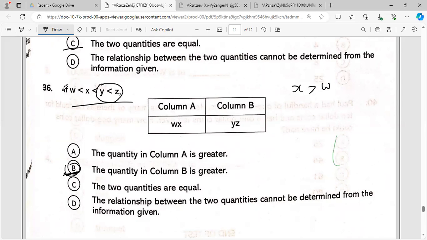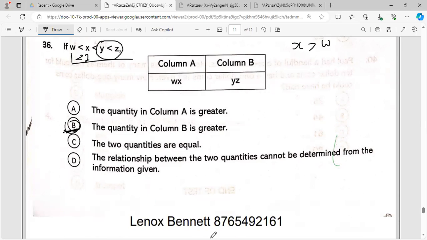Because let's put a number to it. Let us say this was 1 and this was 2. 1 is less than 2. And 2 is also greater than 1. So it does look at it a different way. Nothing is wrong with that. Alright? So in fact, Y and Z would be the two largest numbers. Alright?